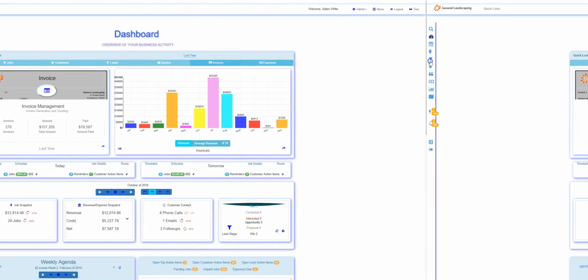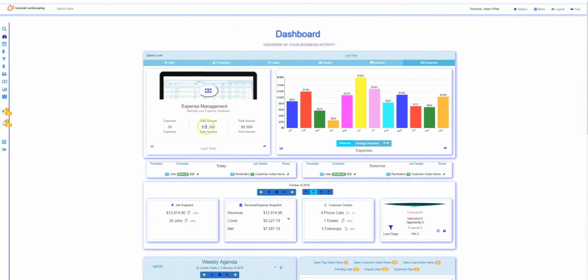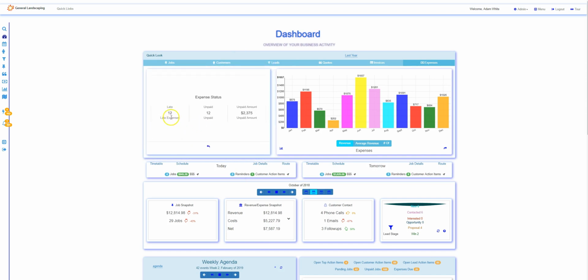And finally, we'll take a quick look at the expense view. We see that we have 54 expenses in that period for a total of $11,000. 12 expenses are late, 12 are unpaid, for a total amount of about $2,400 that has been unpaid.